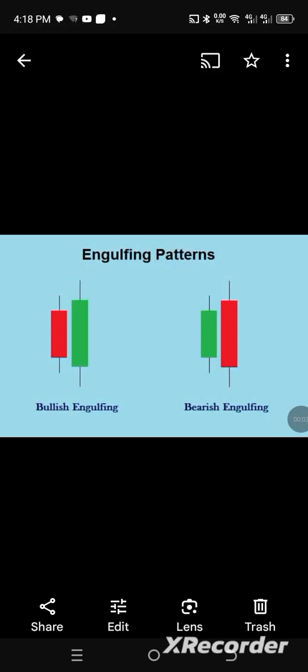Before we start the demo practice that I promised, I'm going to show us three candlestick patterns that, when you see them forming, you can either buy or sell once you see it.